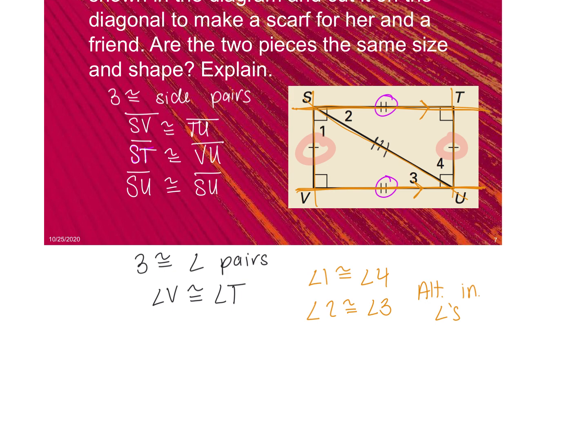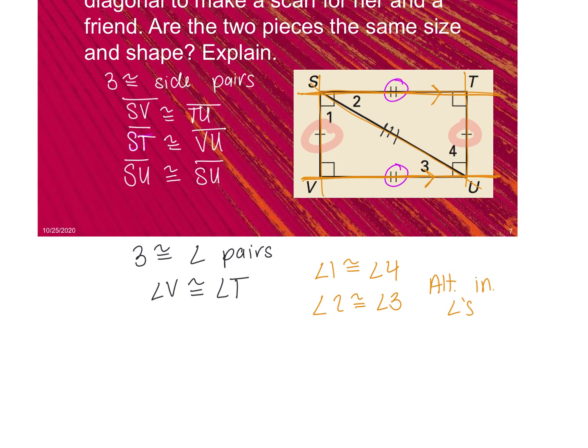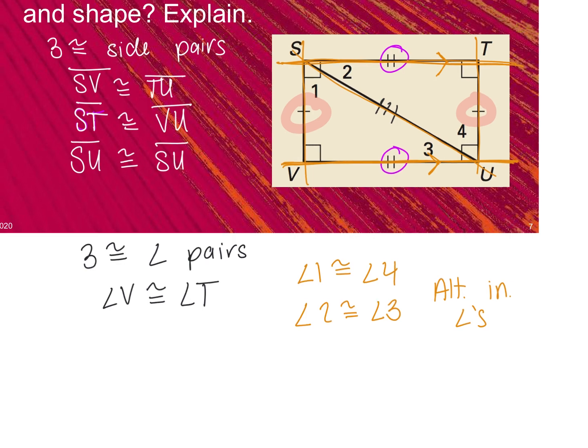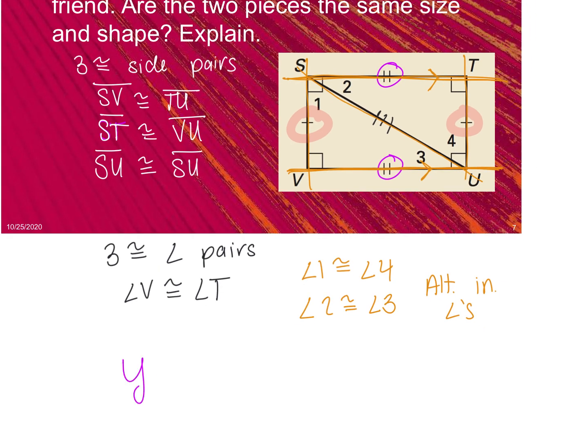So looking at this, I stated 3 sides and I stated my 3 angles. Are these triangles congruent? Yes, they are. So looking at it, I can state that yes, it's the same size and shape.